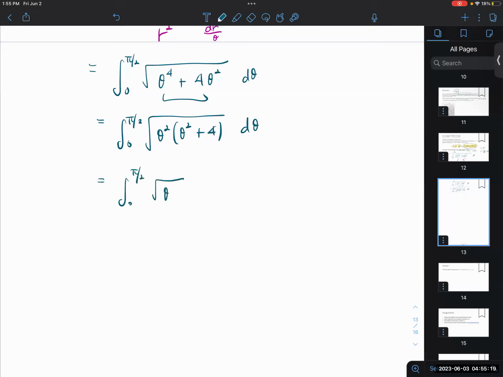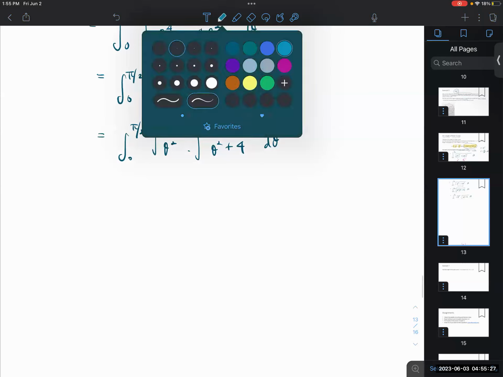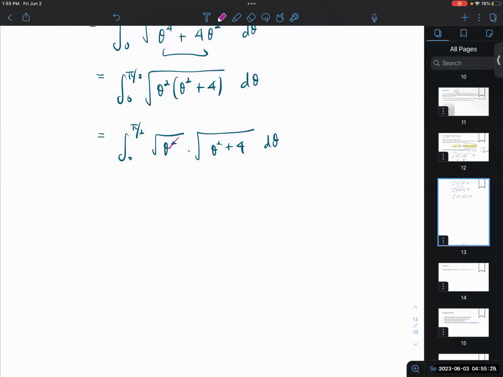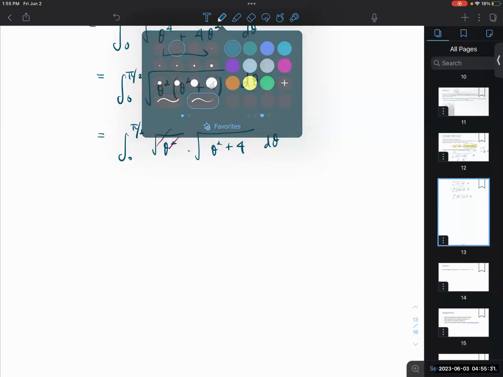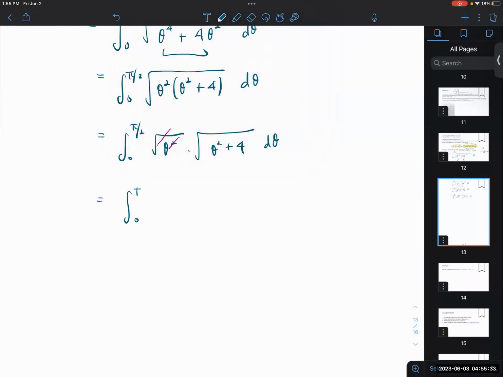We can break them into two terms because the theta squared under the radical simplifies and cancels. So that is going to be theta, times the radical of theta squared plus 4, d theta.